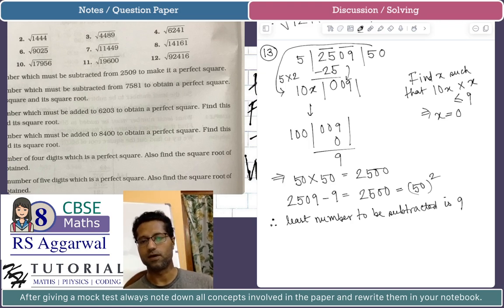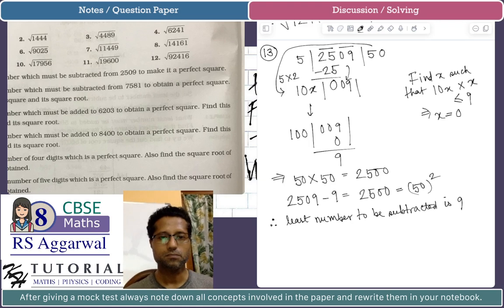The square of 50 is 2500, and 2500 is the number that we obtain by subtracting 9 from the given number, and 9 is the least number that needs to be subtracted to make it a perfect square. So this was about the least number that must be subtracted from the given number to make it a perfect square. That will always be the remainder obtained after doing the long division method.